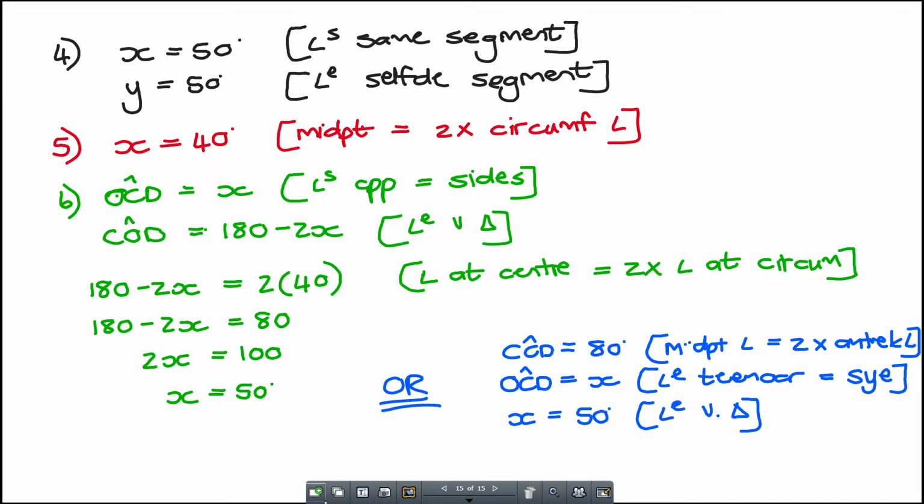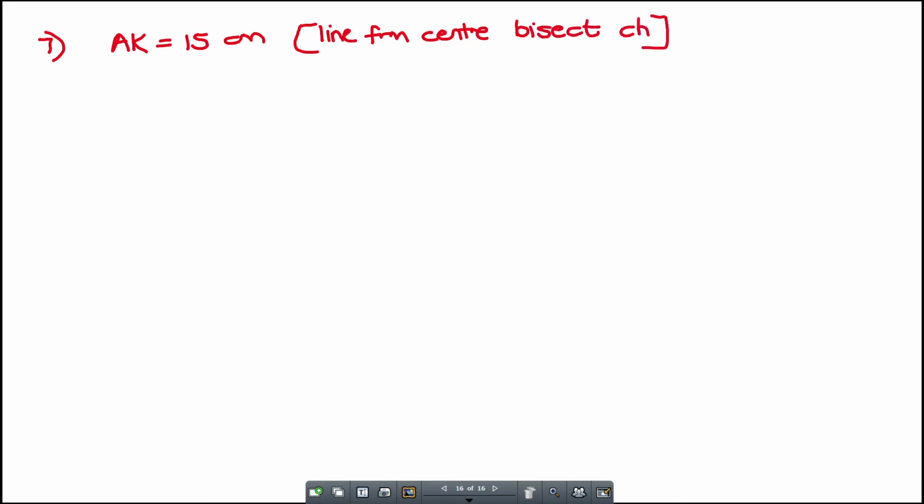Reg. Okay, nommer 7. Goed, hier sê hulle vir my AB is 30 cm, so onmiddellik gaan ek sê AK is 15 cm. Why was that? Because it was line from center. Ooh, nee, ja, line from center bisects chord. Ek gaan nou in Afrikaans sê. Lyn vanaf middelpunt halveer koord, nee?